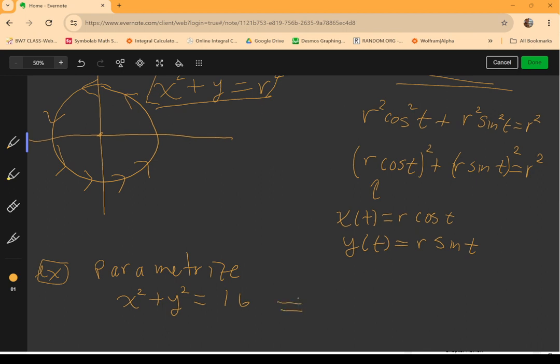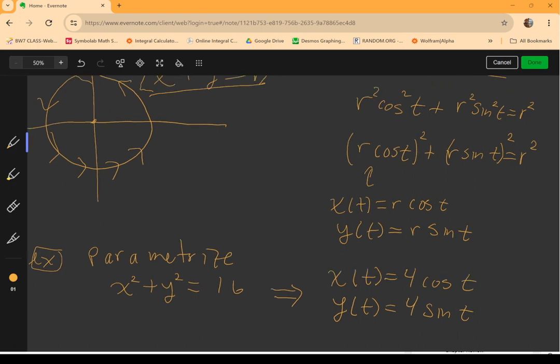So right away I can jump to the parametrization of x of t being 4 cosine t and y of t being 4 sine of t. And that's how we parametrize a circle centered at the origin.